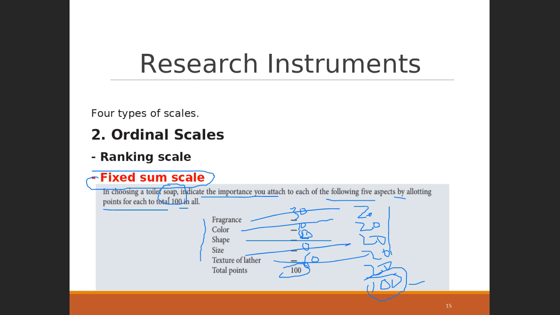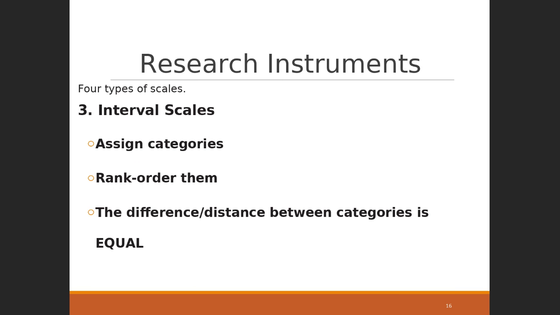Notice that in fixed sum scale as well, the magnitude of the difference among categories is not equal. So this is one of the problems with the ordinal scale, that yes, you can rank different characteristics, but the difference between rankings is not the same, and the difference should be the same if you want to measure the mean values. Okay, so I will try to make you understand this better in the interval scales.